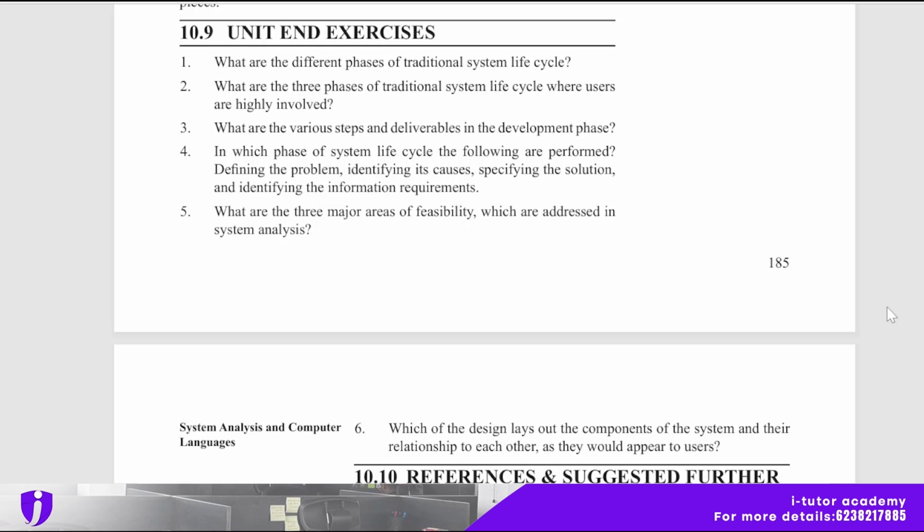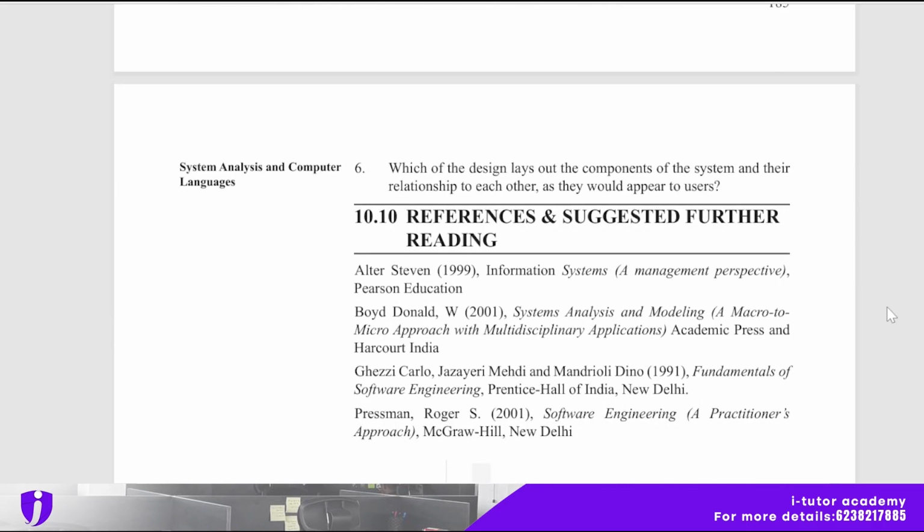What are the three major areas of feasibility which are addressed in system analysis? Which design lays out the components of the system and their relationship to each other as they would appear to users? So these are the questions, and this is the reference section, and if you need any more information, you can refer to these textbooks.